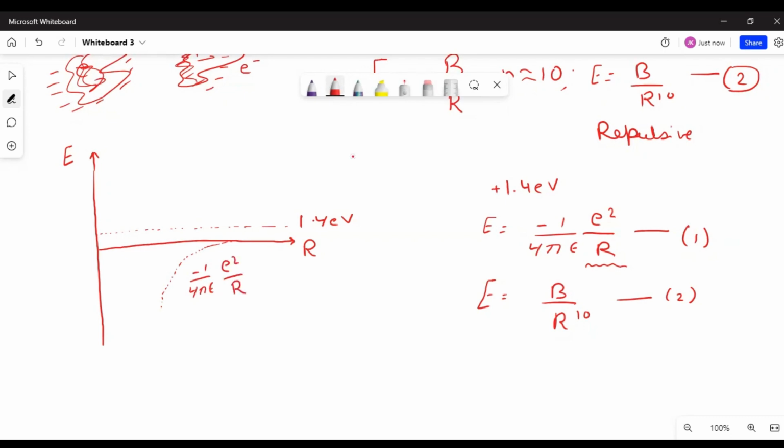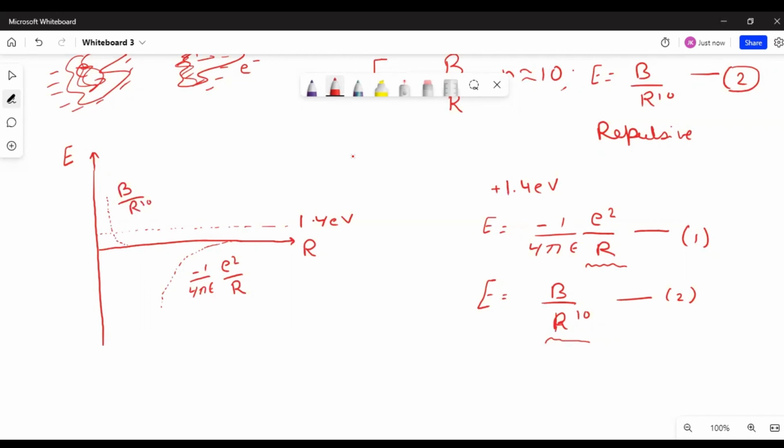The second term, which is positive, increases as R to the power 10, which is very high, which means when R is very small, E goes to a very high value. So there will be a very sharp jump. It will be like b upon R to the power 10.